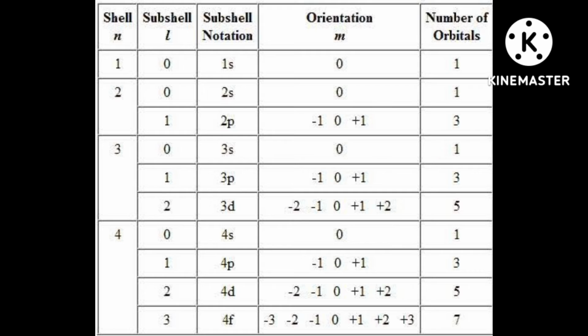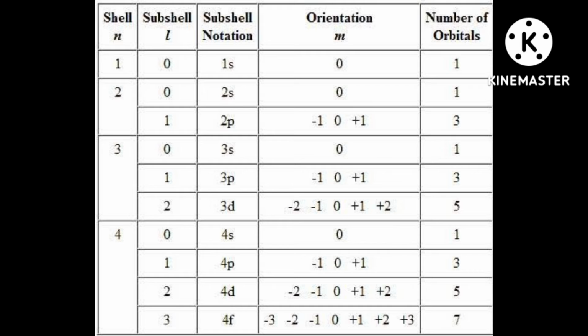Then if n is equal to 1, then L is equal to 0, and 0 means 1s. If n is equal to 2, then 2 values may be there, 0 and 1. Then 0 means s, means 2s, 2p. Like that way, if n is equal to 3, then 3 values 0, 1, 2. Then 3s, 3p, 3d.